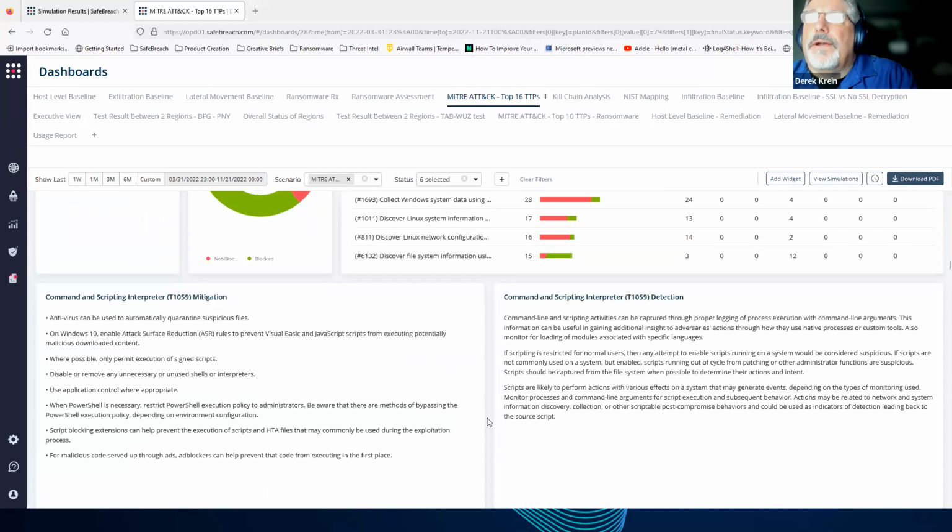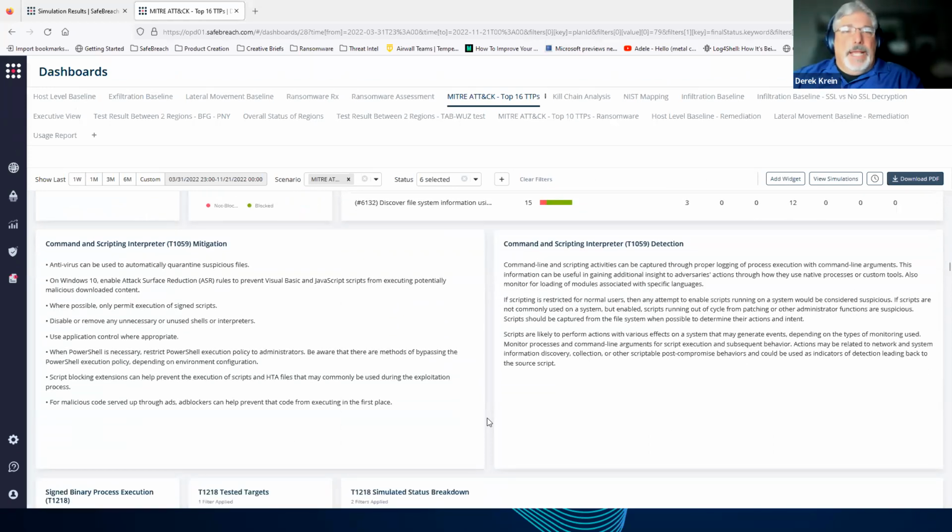And the key here is the MITRE mitigation and detection guidance is built in. So when you're starting to build out your reporting, when you're starting to build out your automation, you want to look to have these kinds of capabilities in your system so that you can not only know where you're at, but start to really utilize the mitigation and detection guidance to help build out. This is MITRE level. It's pretty high level, but it's a good starting point.